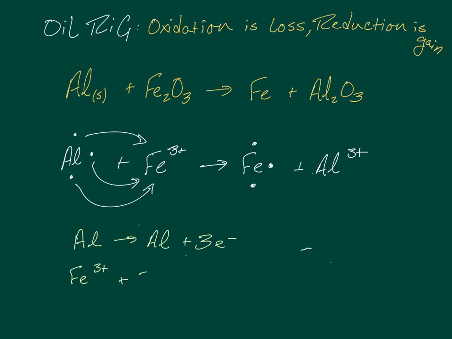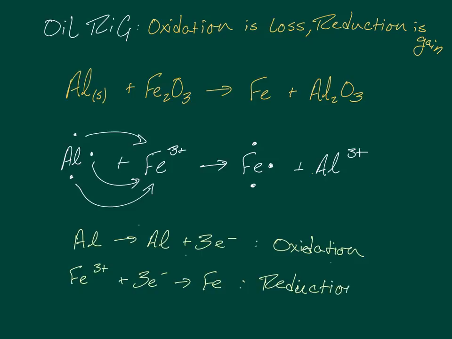We add those 3 electrons, and we get iron solid. So this part of the reaction, since it's losing electrons, is the oxidation part. Since this part of the reaction is gaining electrons, we call this the reduction part.